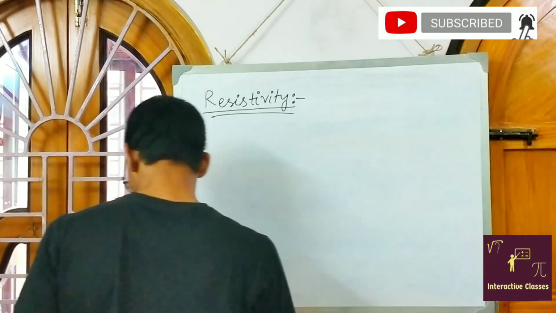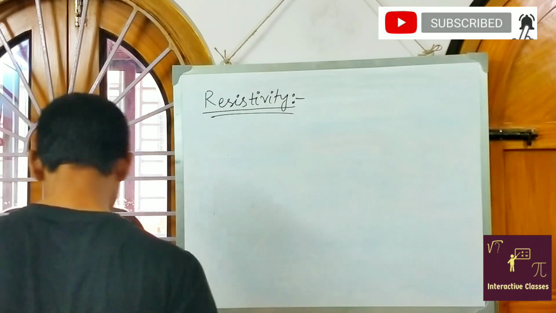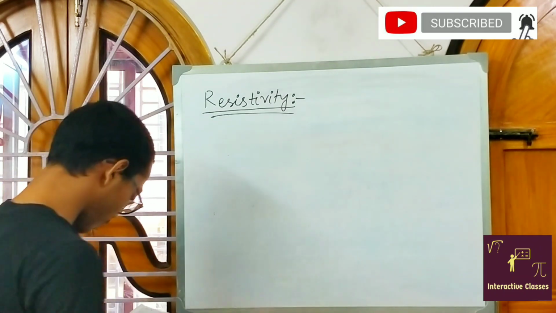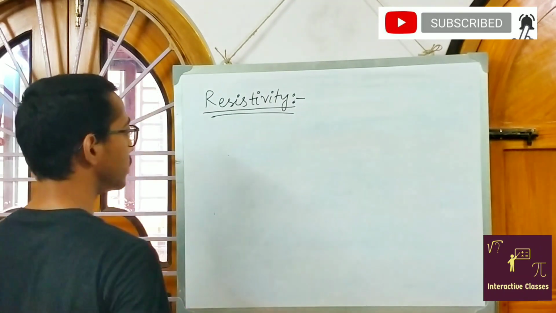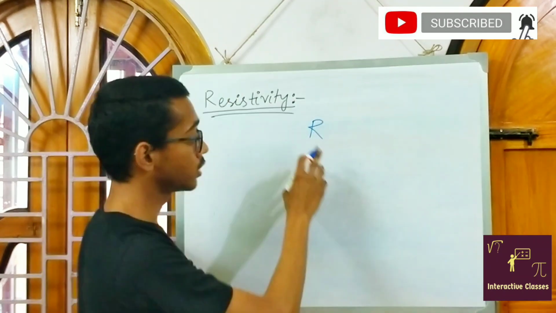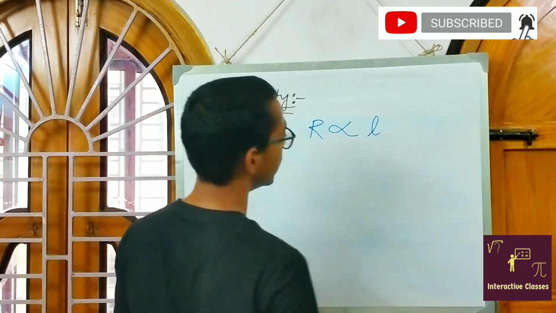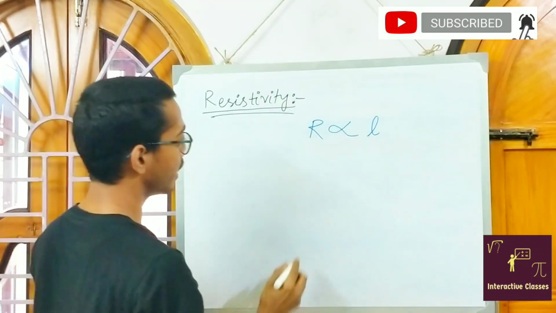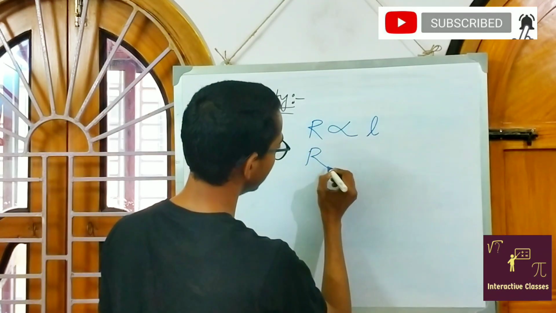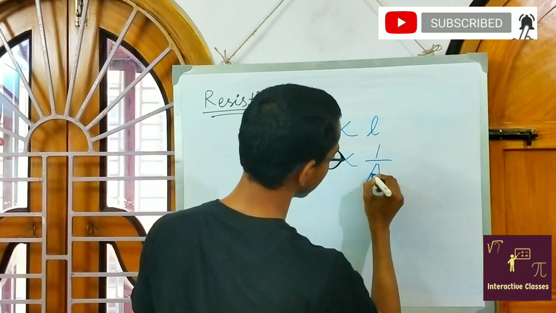Resistivity. So what is resistivity basically? Experimentally it is seen that the resistance of a conductor R is directly proportional to the length of the conductor L and is inversely proportional to the area of cross section.